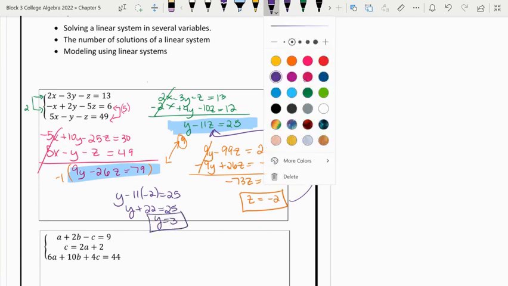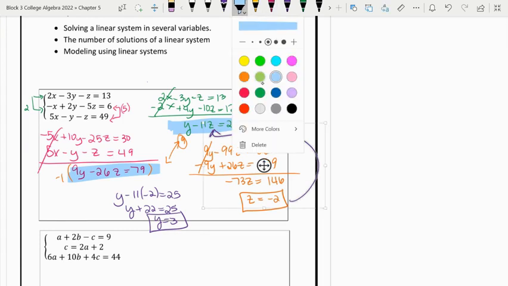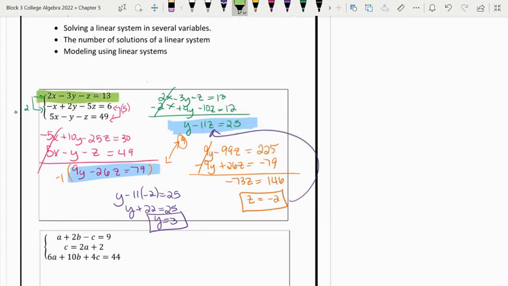Then you have y and z, and substitute those into one of the first equations. So let's just put them in the top equation. Change colors here. So I'm going to put both of those in for the top equation.